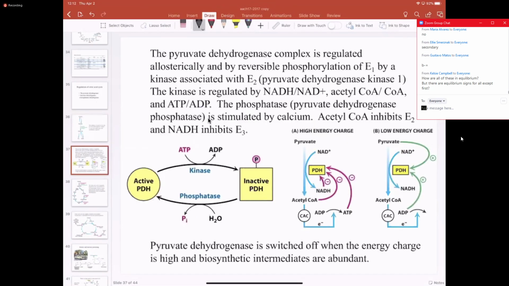The complex itself is regulated allosterically and by reversible phosphorylation of E1, and this occurs by a kinase associated with E2. The kinase is regulated by NADH, acetyl-CoA, and ATP. The phosphatase is stimulated by calcium. Okay, fine. Why might calcium be important?